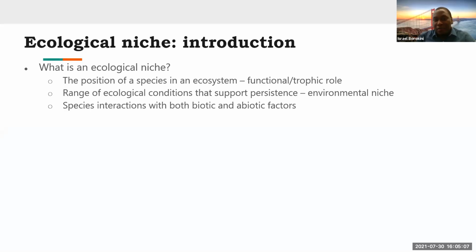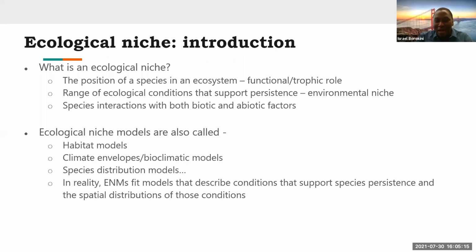All right, so just by way of introduction, I'm going to try to explain this in layman's terms. Ecological niche models are basically a way of describing the functional or environmental niche, or position, of a particular species in the environment. There are different ways of describing the niche of a species.